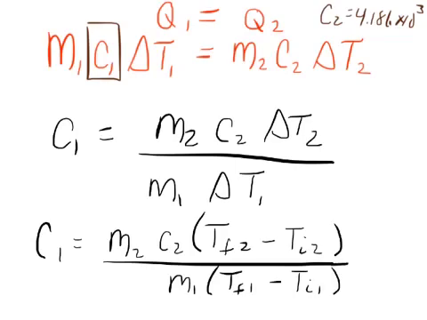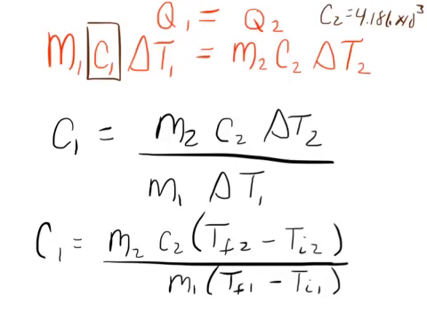Okay? Remembering that the numerator in this solution is really representing the water, because we know all the information about the water. We know its mass, we know its specific heat capacity, and we know its change in temperature. We also know the mass of the cup and the change in temperature, and this will enable us to determine the specific heat capacity of the cup itself.